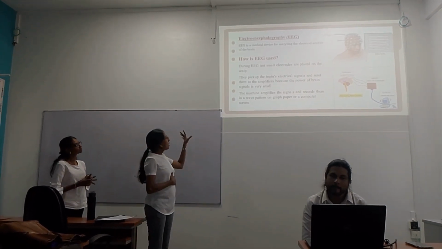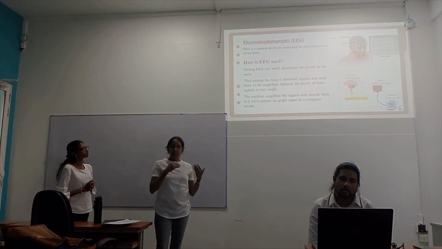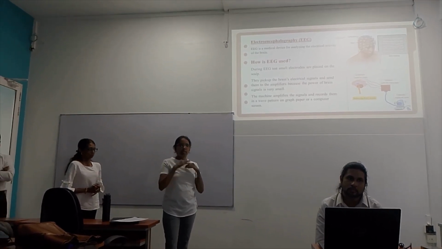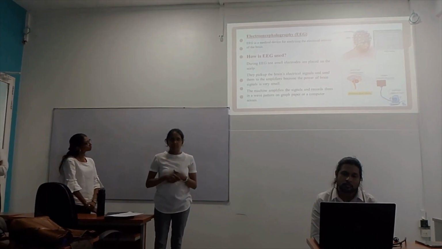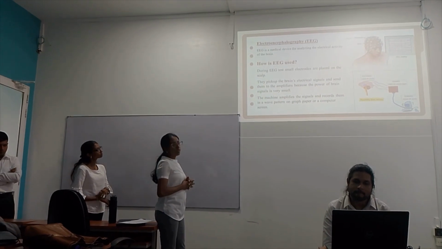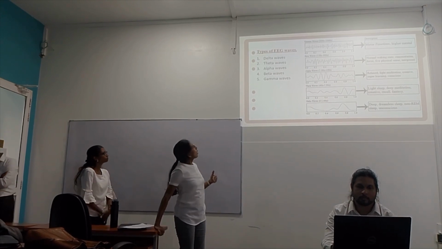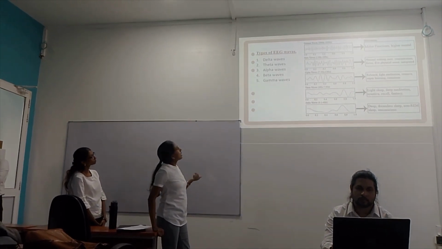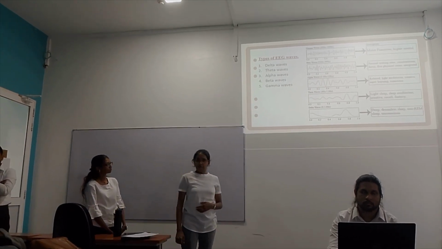The amplifier amplifies the signals and records them as a waveform on graph paper or a computer screen. There are five patterns of EEG waves called delta waves, theta waves, alpha waves, beta waves and gamma waves.